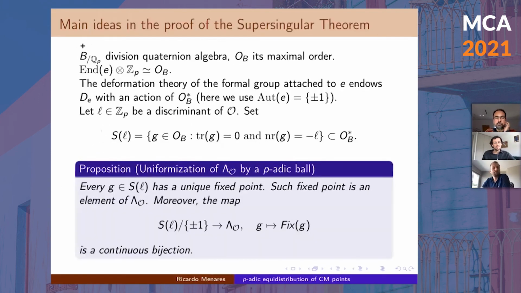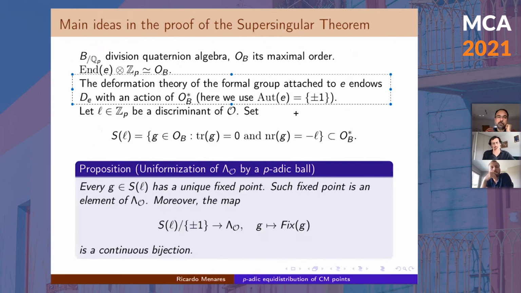The division quaternion algebra ramified exactly at p and infinity plays a role here, because, as is classically known, the completion at p of the endomorphism ring of E is isomorphic to the maximal order inside this quaternion algebra. Sorry, this is the local quaternion algebra over Q_p, which is a division algebra.